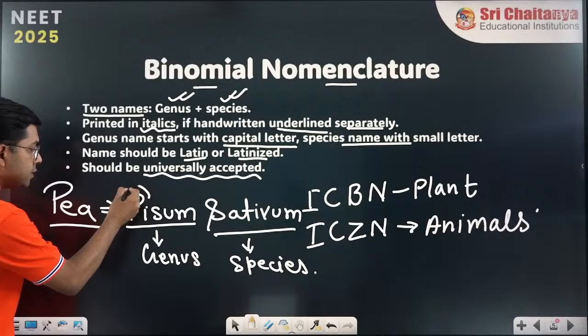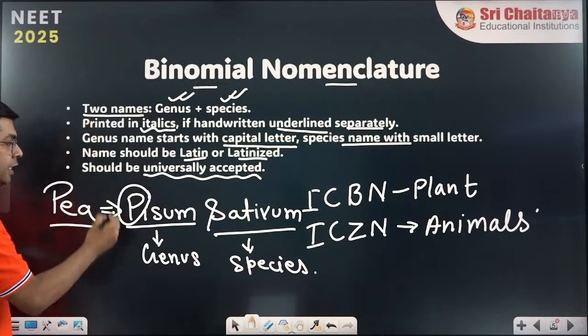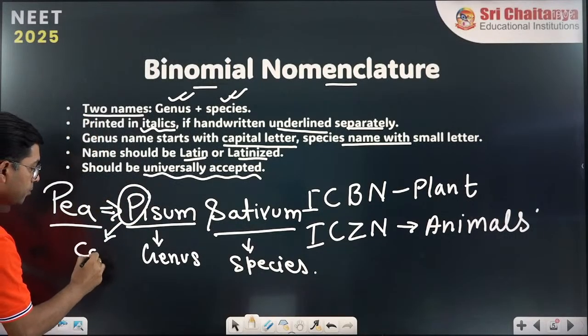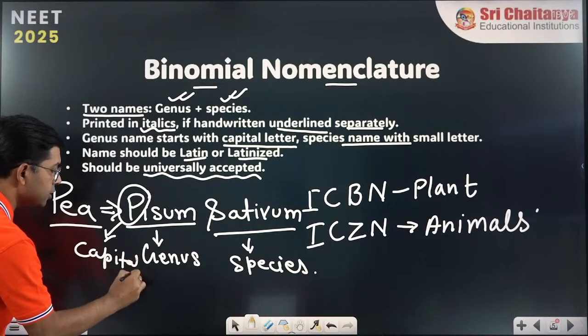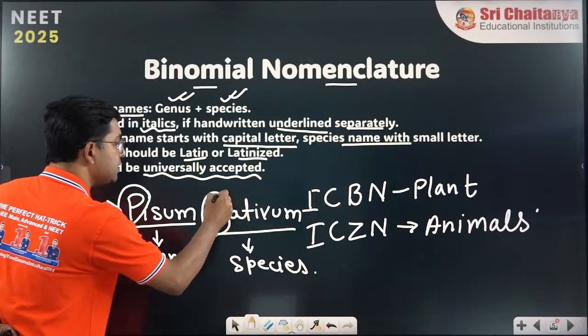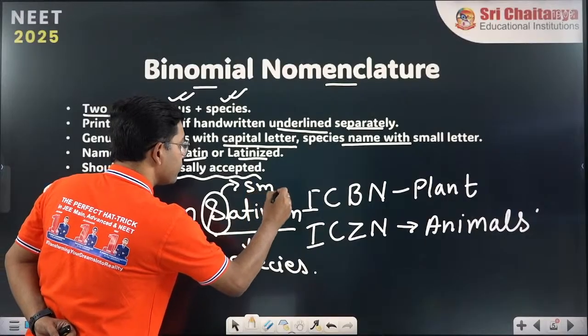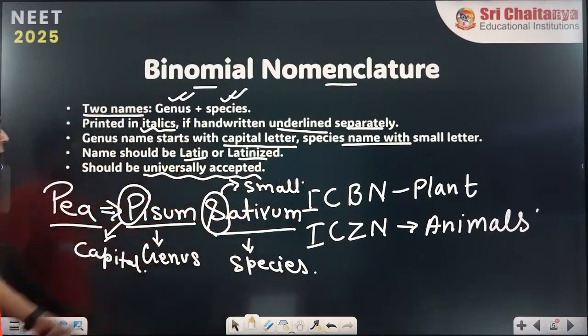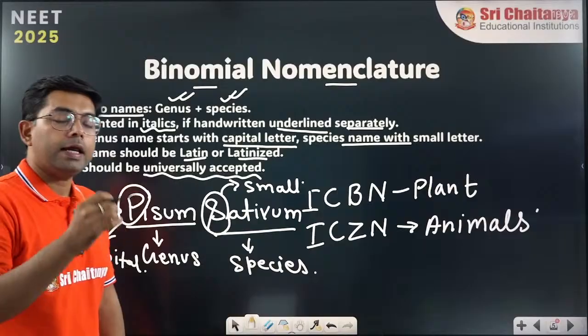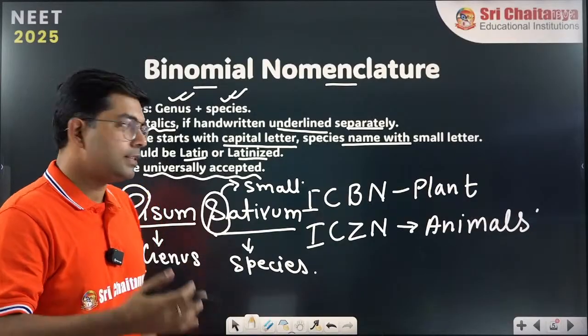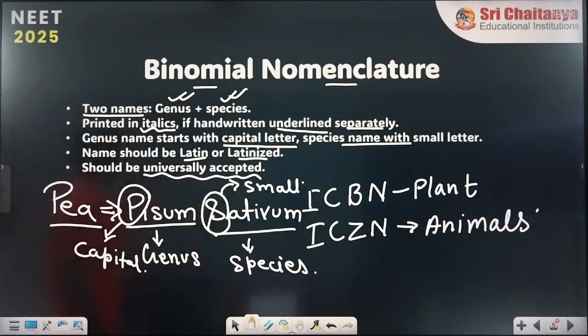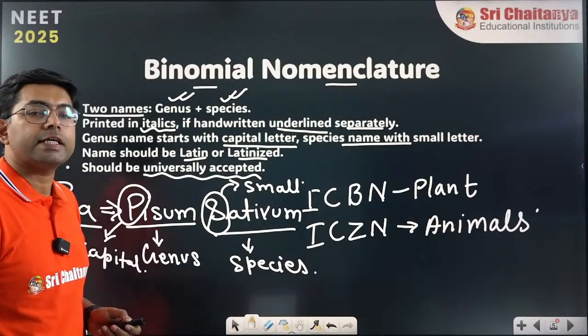The first letter of the genus is capital. The first letter of the species is small. And finally, it is taken from the Latin language. And since it is the central body which is naming it, it will be universally accepted.